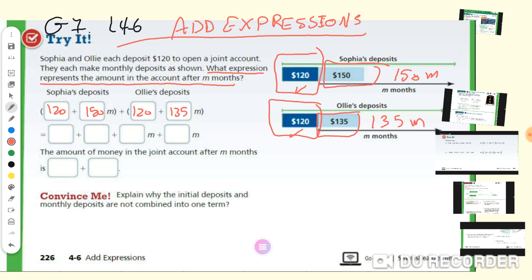Then after we add, we will collect like terms by using the commutative and associative properties. So it's dash, zigzag, dash. These are the like terms, dashes and zigzags.